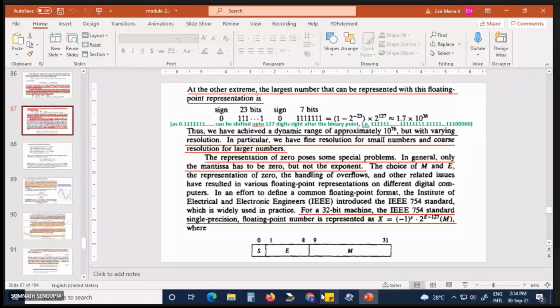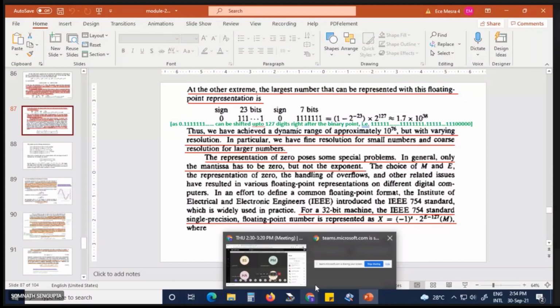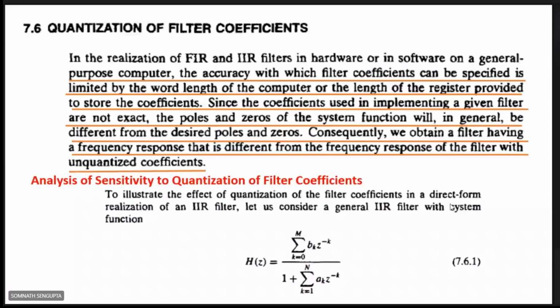Okay, so now we'll go to the topic quantization of filter coefficients. It is only used for theoretical purposes. Basically, on a general purpose computer, the accuracy with which filter coefficients can be specified is limited by the word length of the computer, or the length of the register provided to store the coefficients.